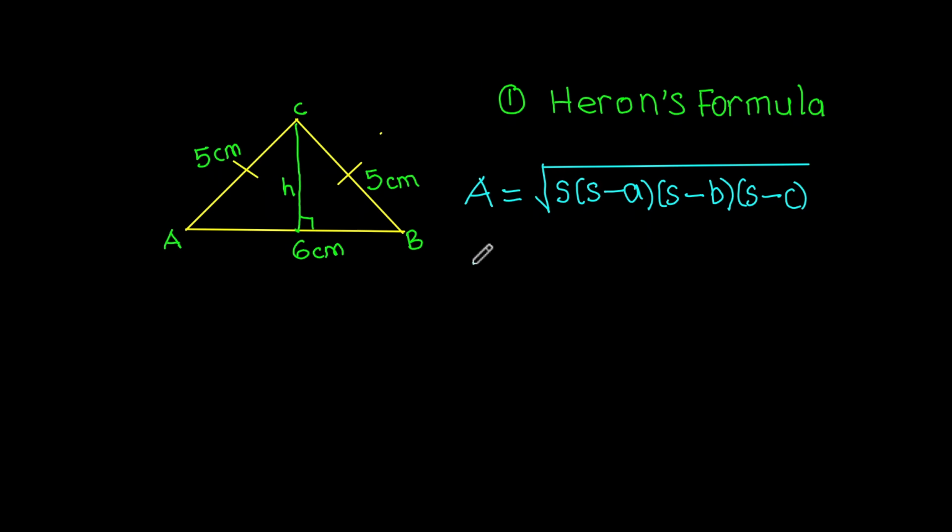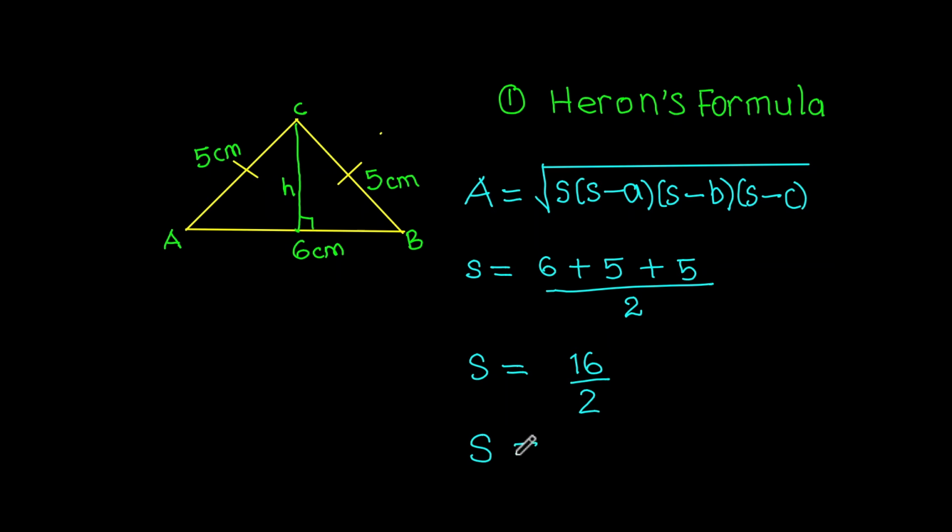Perimeter is the distance around the figure, so we can get the value for s first, and we have our s as the sides 6 plus 5 plus 5, also semi, meaning half of, so we're dividing this by 2. Therefore our value for s is the addition of all these three numbers, and that is 16 over 2. So when we divide 16 by 2, we obtain 8, and of course the measurements were all in centimeters.